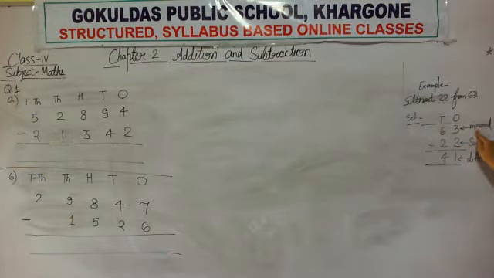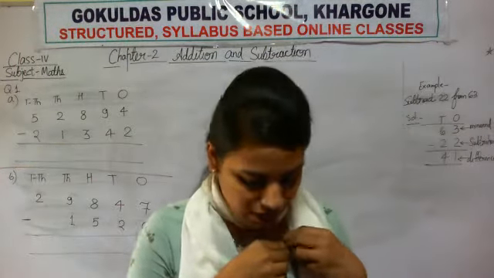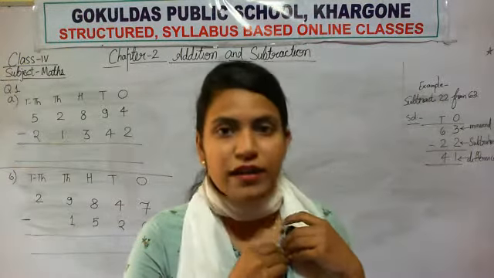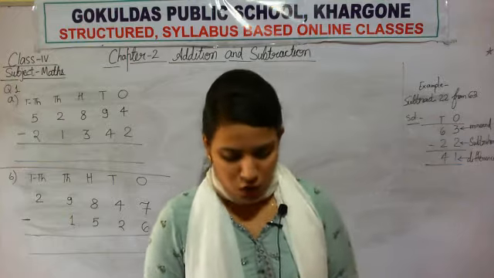The larger number is called minuend, the smaller number is called subtrahend, and the result of subtraction is called difference. What is it called? The result is called difference, okay.